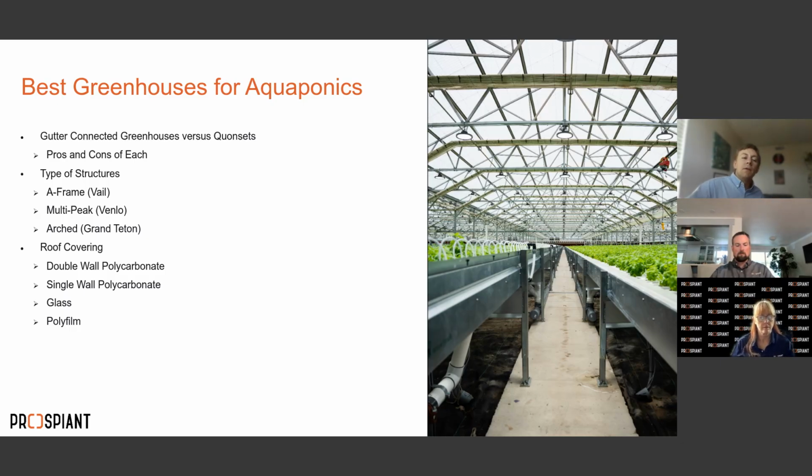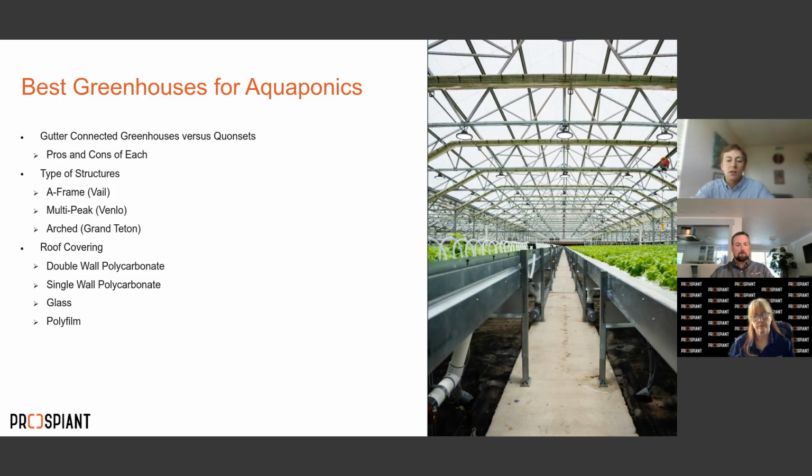So at first, we're going to look at gutter connected houses versus Quonset style houses. On a commercial scale, we highly recommend gutter connected houses. You can see in this photo down here there's a greenhouse to the left and to the right of it, and you're able to go much further distances on those, whereas a Quonset is much more of what I would call a ground to ground, and it's going to be really good for residential and hobby houses.